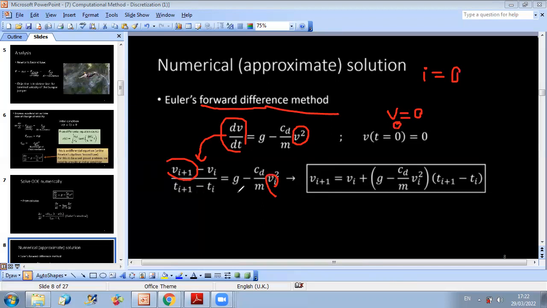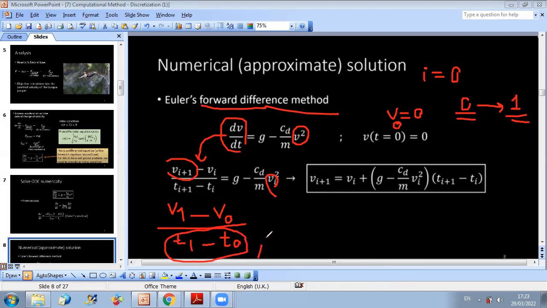So if I replace in this equation, I start with points 0 and 1. Knowing the condition at point 0, I can deduce the condition at point 1 by writing that V1 minus V0 over T1 minus T0, where T1 minus T0 represents the time step delta T, equals G minus CD over M times V0 squared.